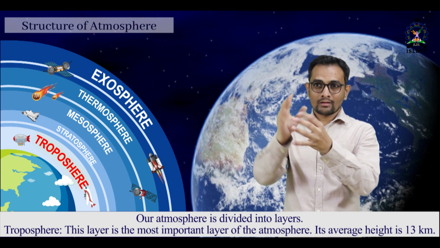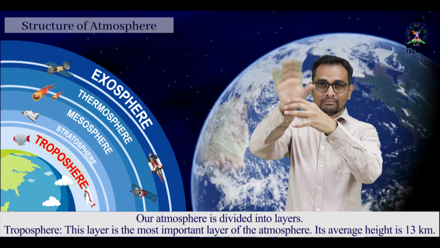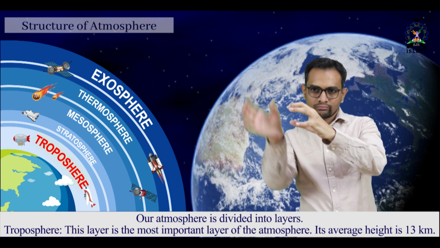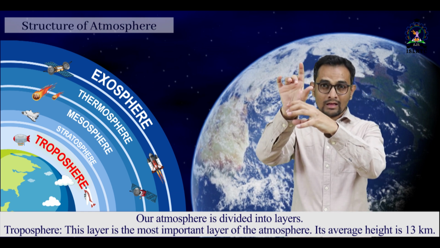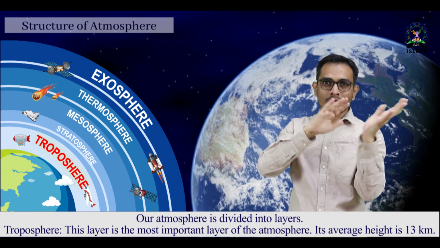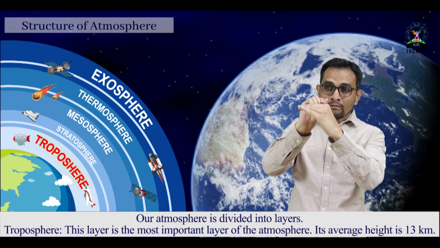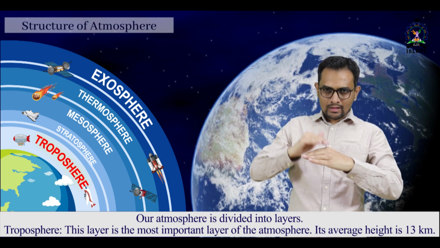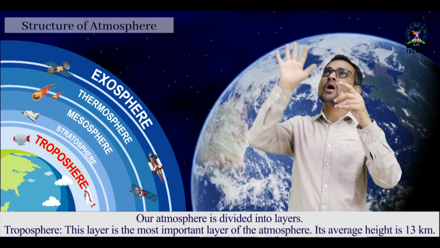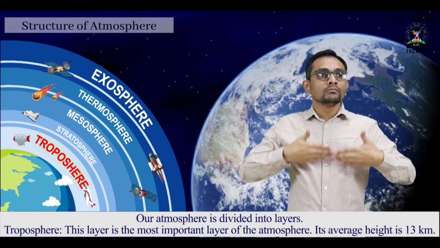Our atmosphere is divided into layers. The first layer, troposphere. This layer is the most important layer of the atmosphere. Its average height is 13 kilometers.